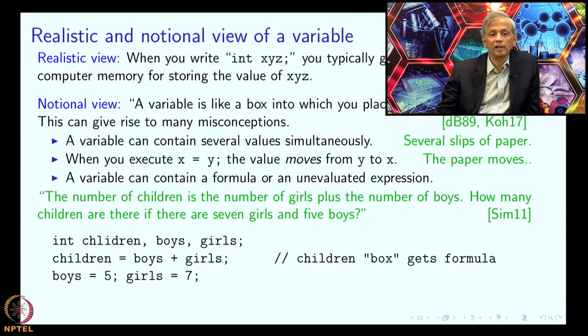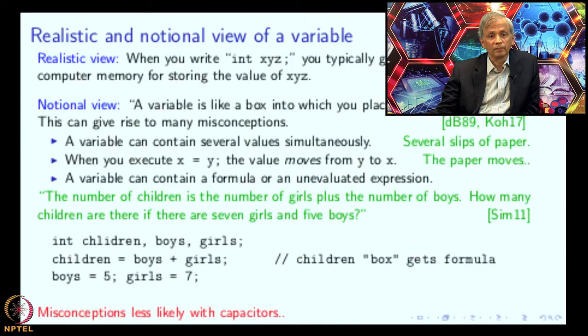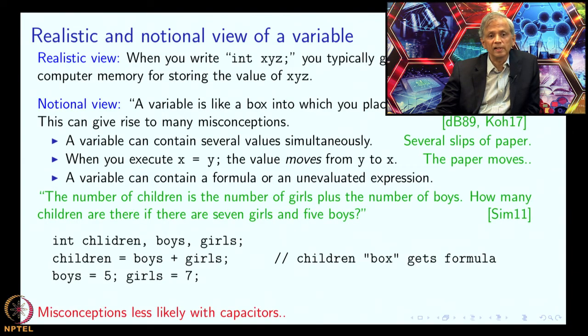And later on they can write boys equal to 5 and girls equal to 7. And now the formula in that box will be modified. Okay. Now, all these misconceptions are very unlikely, or less likely I should say, with capacitors. So, clearly if there are capacitors and if you have told your students that each capacitor stores a 0 or a 1, certainly a formula will not go in there.